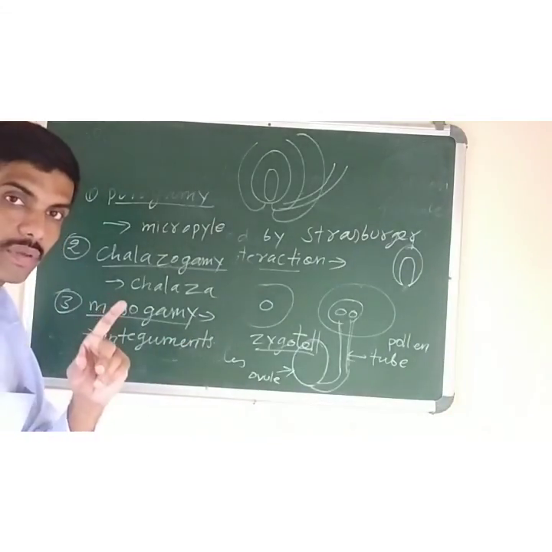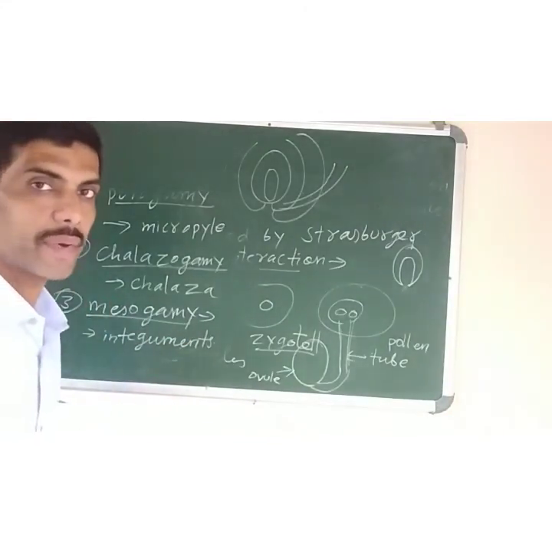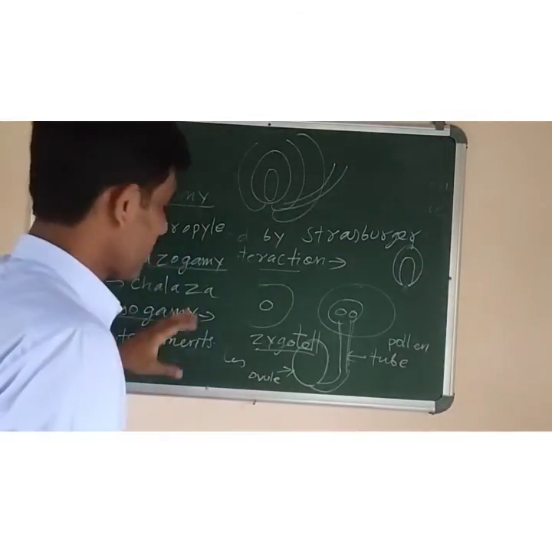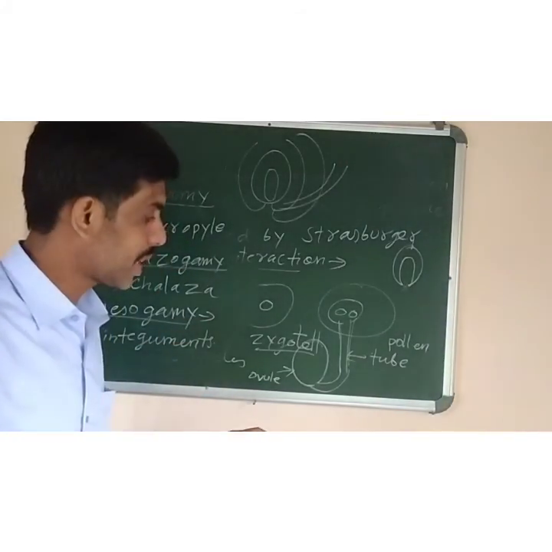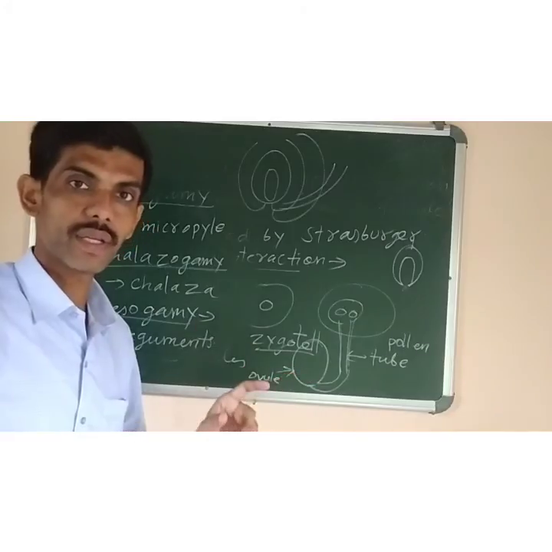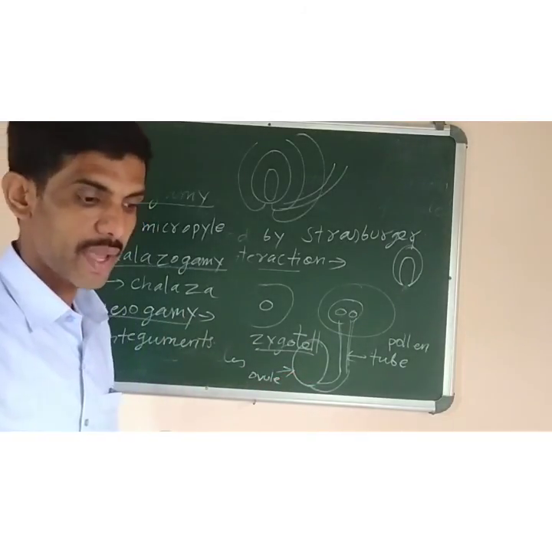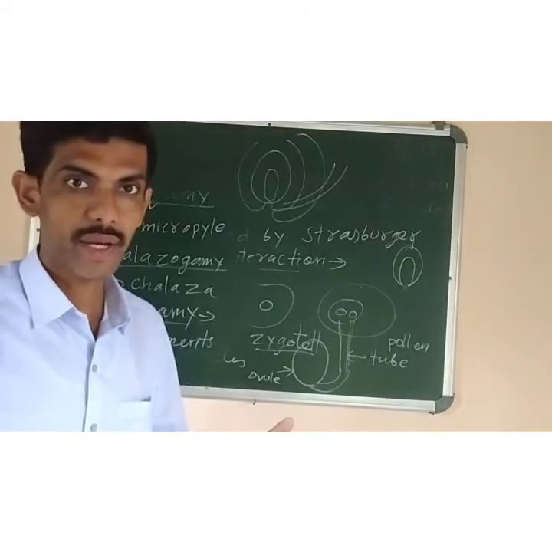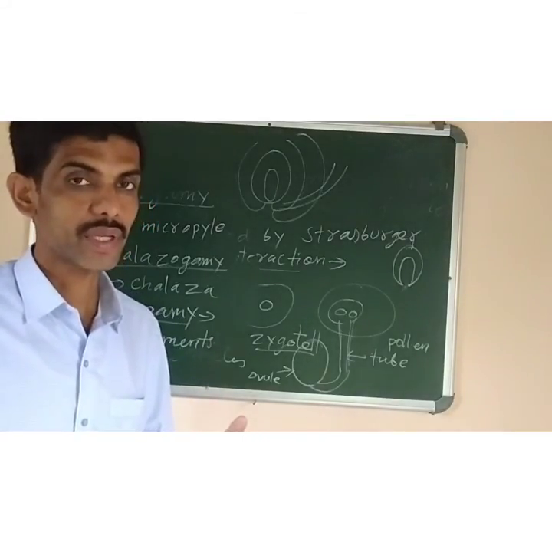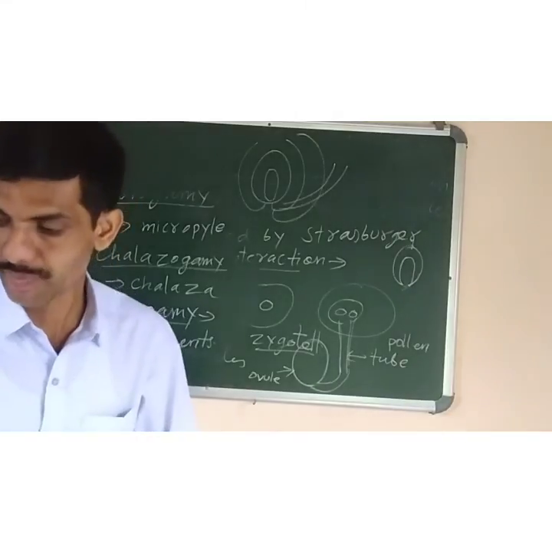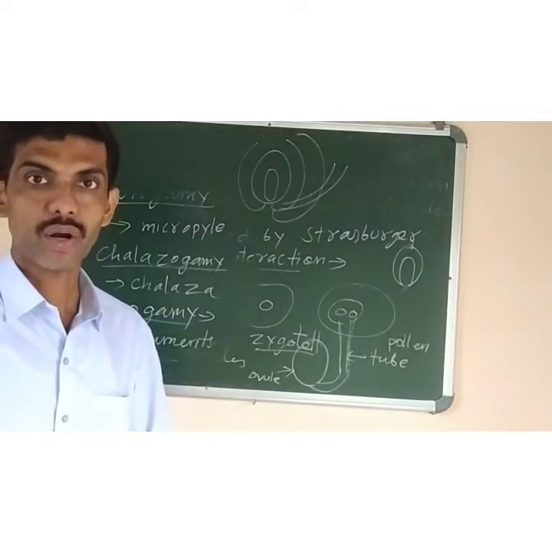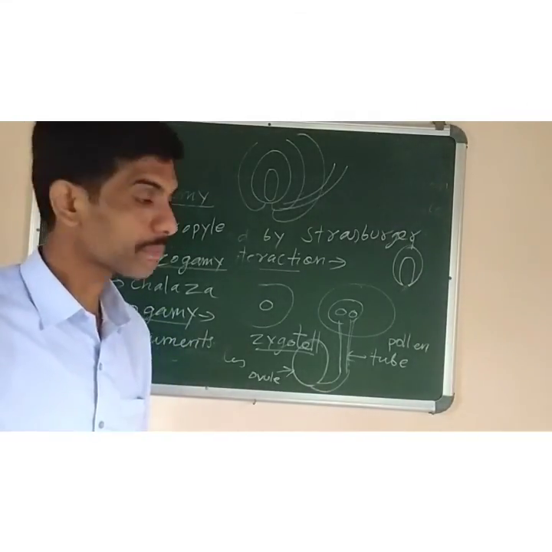Now one point is there to learn or remember. Whatever may be the different modes of entry of pollen tube into the ovule, ultimately or finally, like if I enter the room from this side or that side, ultimately where do I have to reach? To my destination, means I have to sit on my chair or in my place, bed, isn't it?